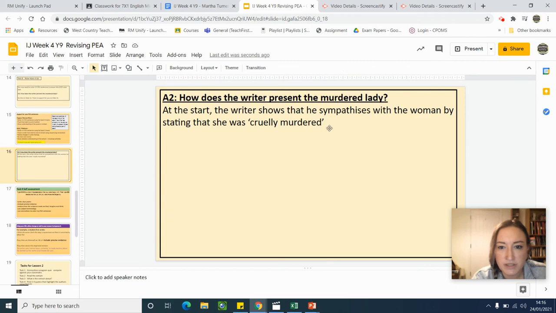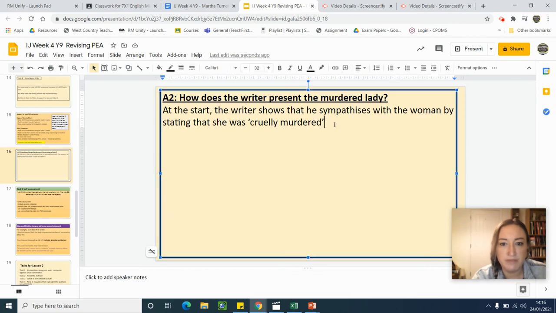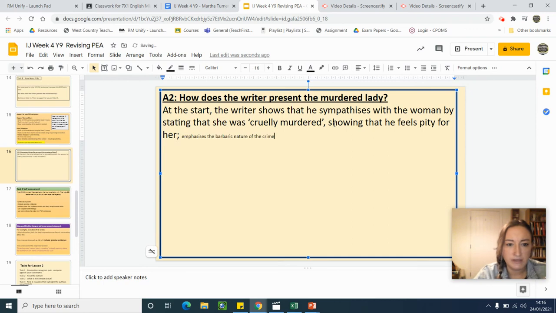So at the start, the writer shows that he sympathizes with the woman by stating that she was cruelly murdered, showing that he feels pity for her. I'm going to use a semicolon to include this. Okay, so a bit of single word analysis. Maybe that's a pity for her; cruelly.